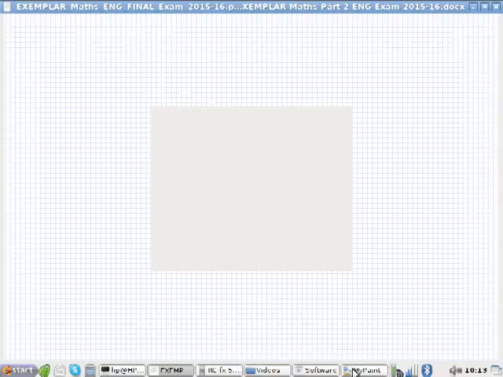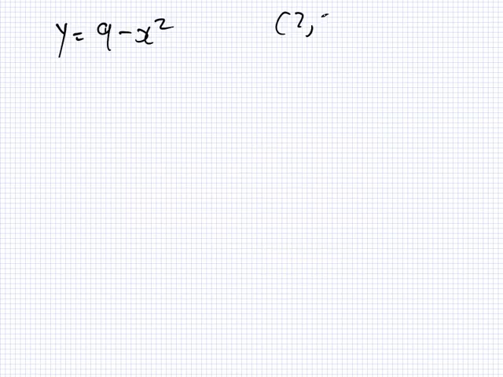Was it the 2 and 5? Did I say 2 and 5 or 2 and 6? 2 and 5, yeah. Yeah, okay. So, you had y equals 9 minus x squared, 2 and 5. Yeah? So dy dx equals minus 2x, which equals minus 4.